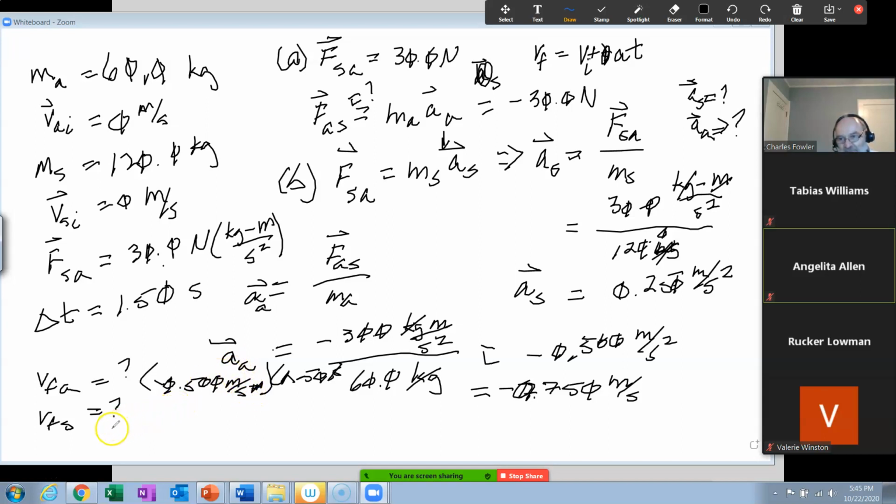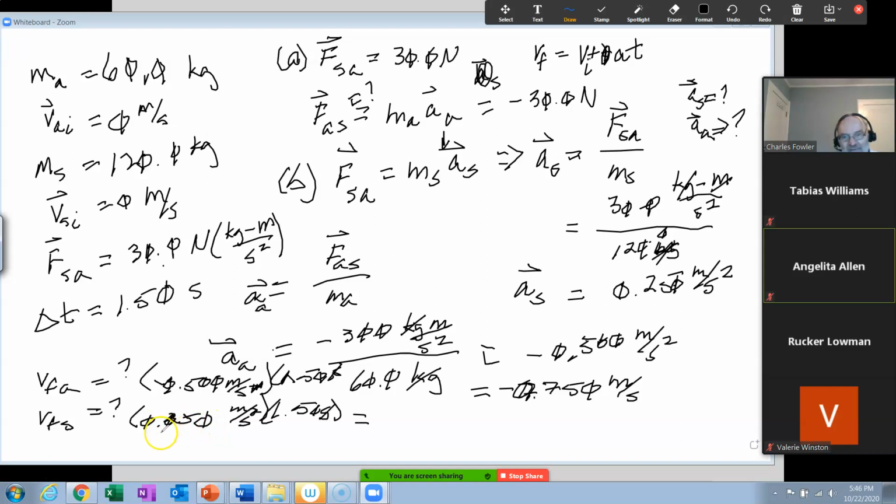Let's do the same thing for the spacecraft. It had the same acceleration, but no, it didn't. It had half the acceleration. 0.250 meters per second squared times the same 1.50 seconds, and that second cancels one of those out. Half of that would be 0.25.